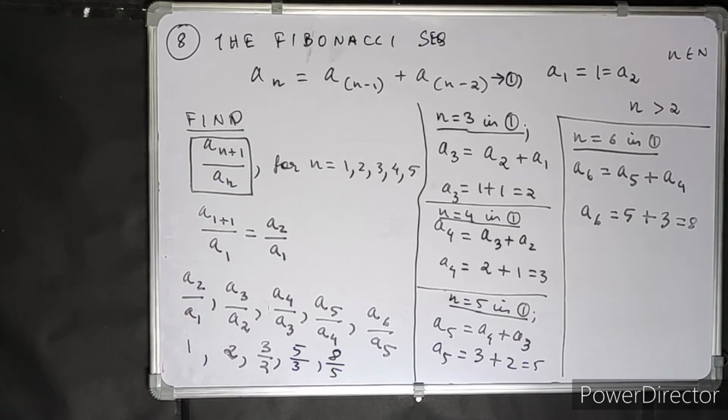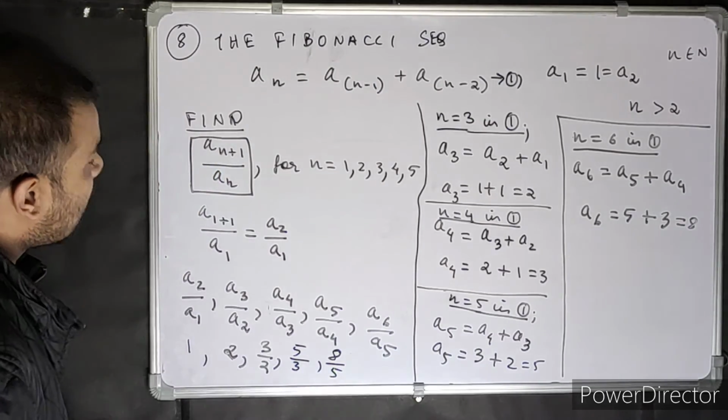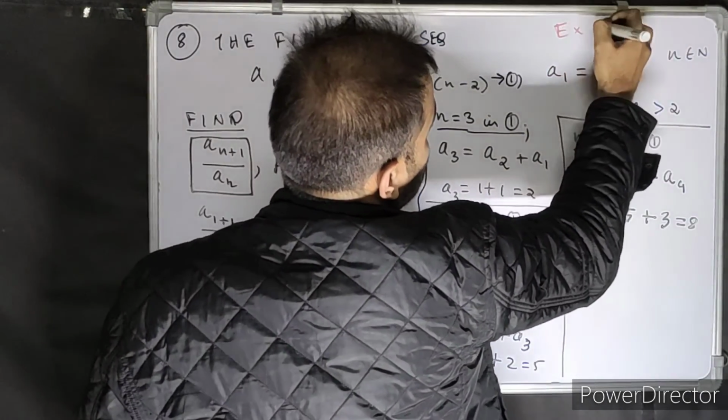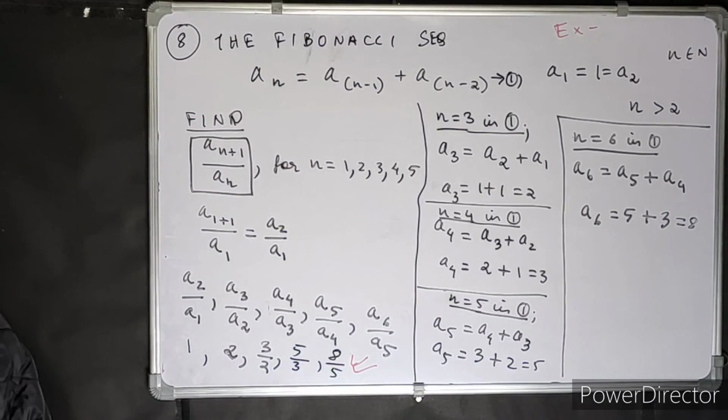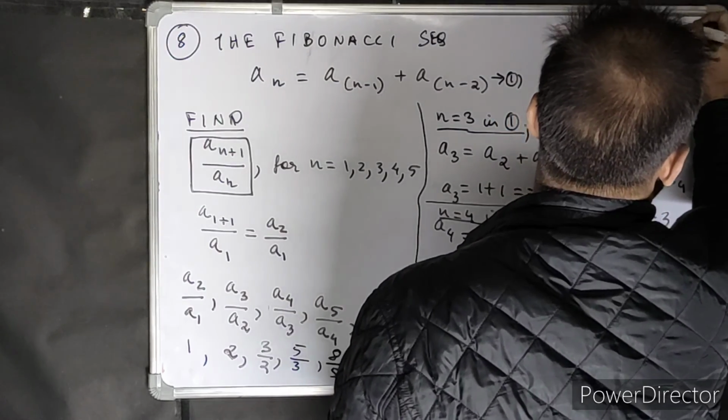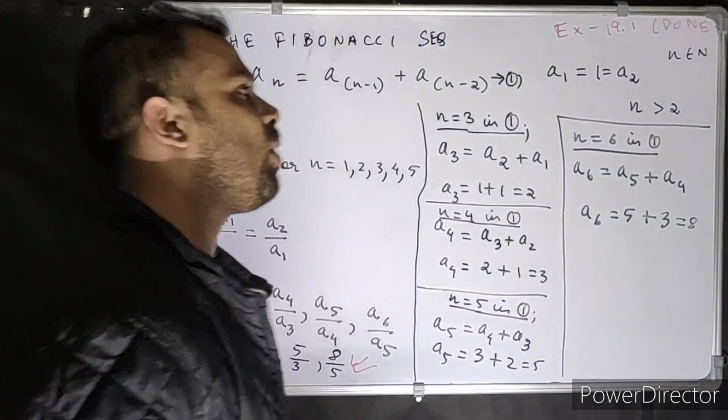And again, correct answer. Okay. Correct answer, students. We were doing exercise 19.1. It's done. Over. Exercise 19.1 is completed.